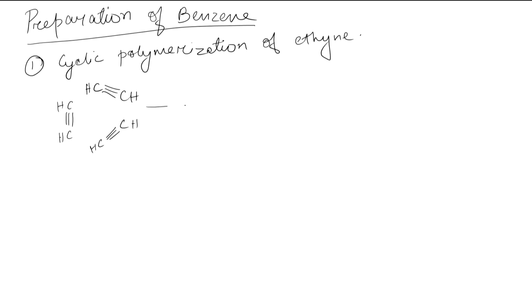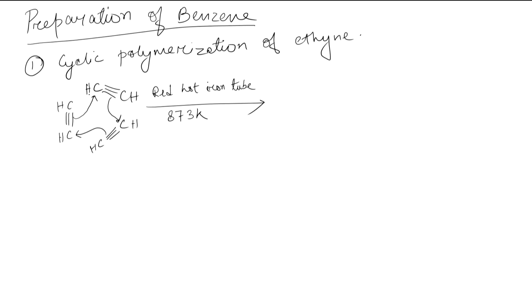Okay. They will be passed through red hot iron tube at 873 Kelvin, which is a very high temperature. So in this temperature, some reactions like this occurs.